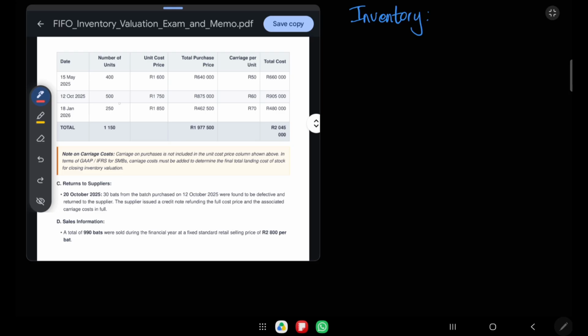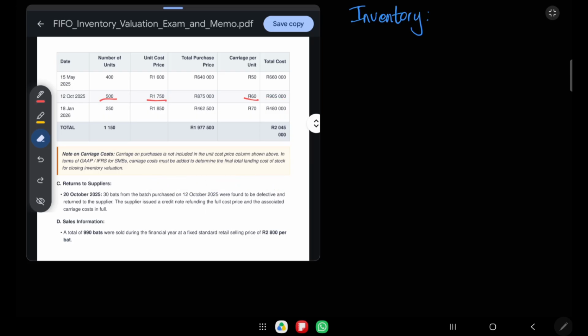So 500 units, times 1,750, plus our carriage, which is 60. Let's punch this in a calculator: 500 times, in a bracket, 1,750 plus 60. We get 905,000 rand. There it is.